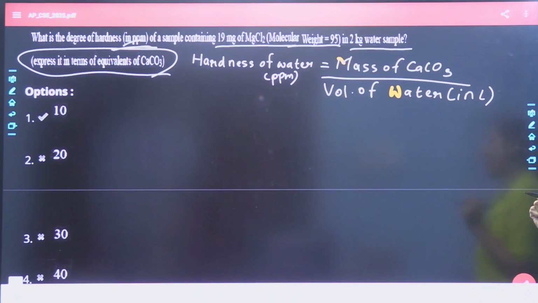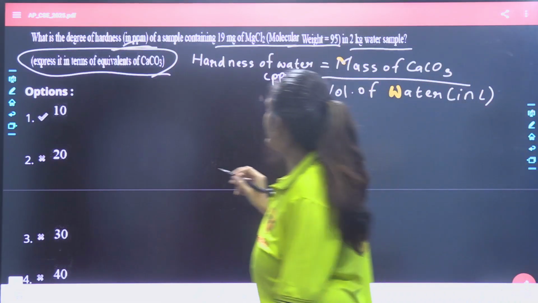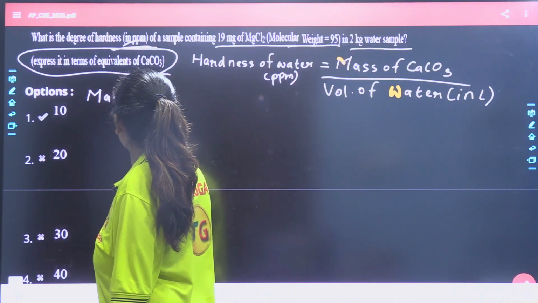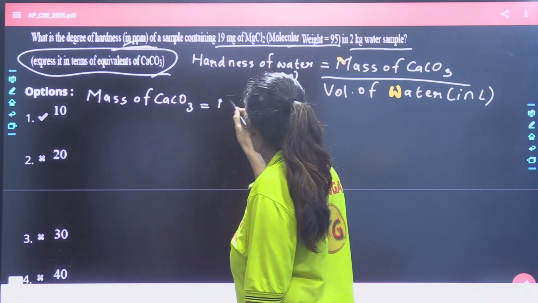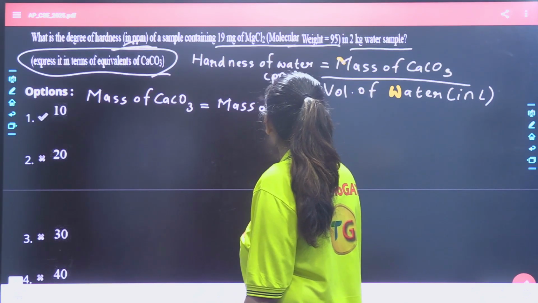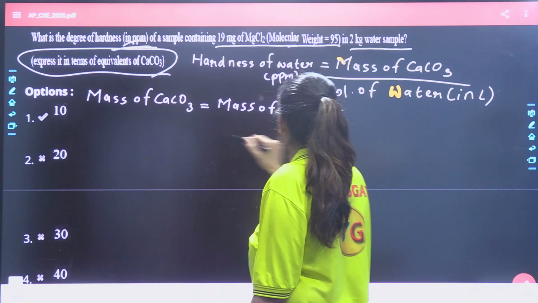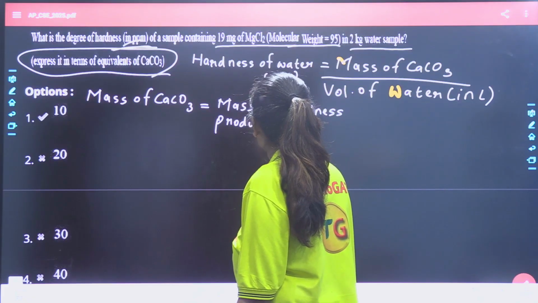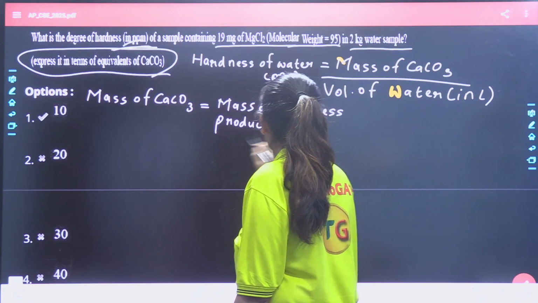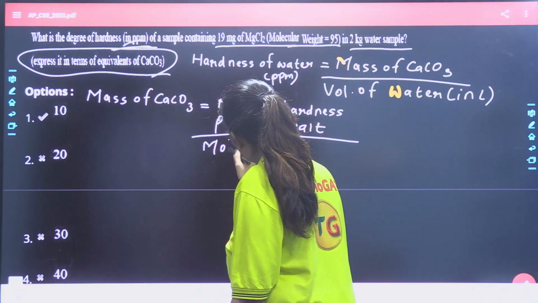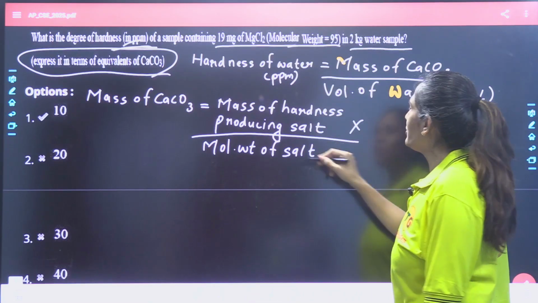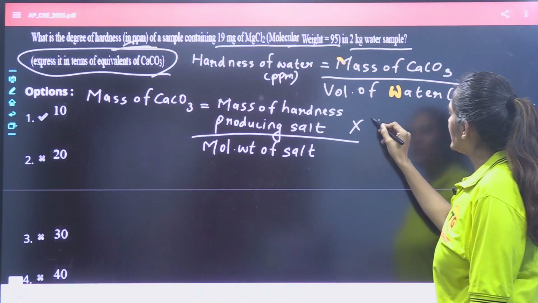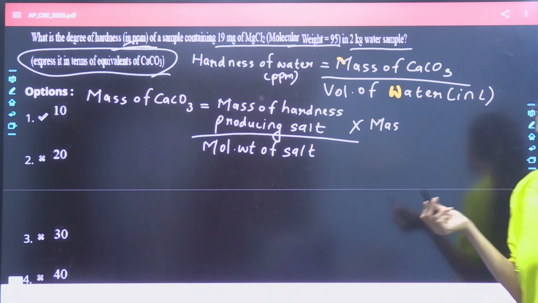First of all, what would we find out? The mass of calcium carbonate. So how is it calculated? The mass of calcium carbonate is calculated as the mass of the hardness producing salt, divided by the molecular weight of the same salt, into the molecular weight of calcium carbonate.